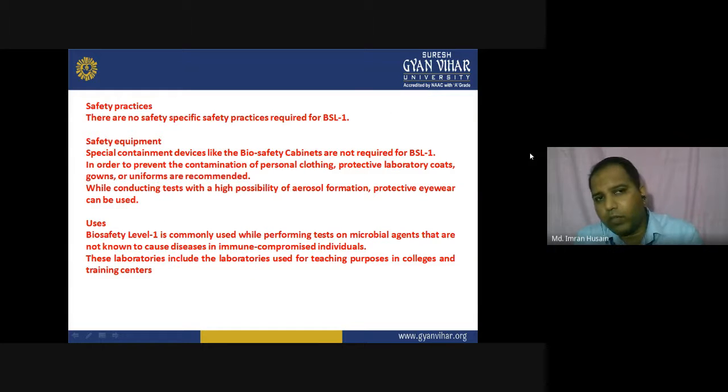So what are the safety practices? There are no specific safety practices required for BSL1. And safety equipment, special containment devices like biosafety cabinets, are not required for BSL1. In order to prevent the contamination of personal clothing, protective laboratory coats, gowns, or uniforms are recommended.